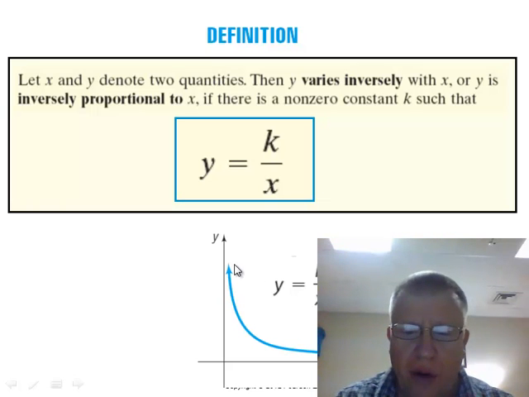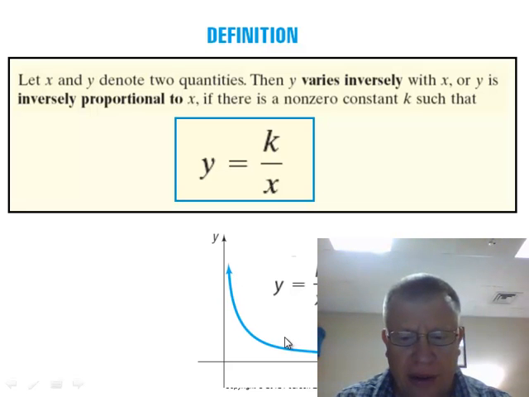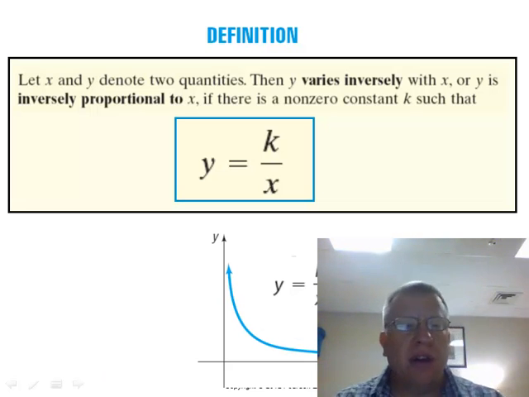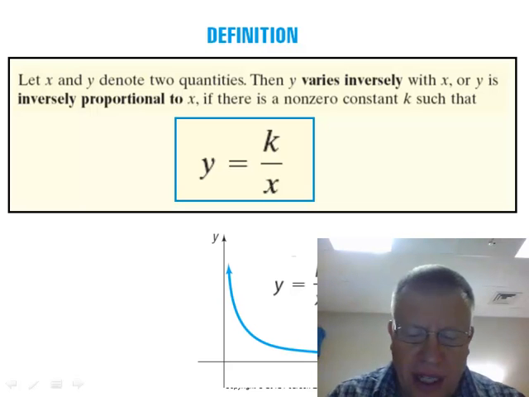But here's the overall shape of what it is. There are no intercepts. y is never going to be 0, and x is never going to be 0 in this sort of equation. And of course, we'll only address the specific case where k is positive.